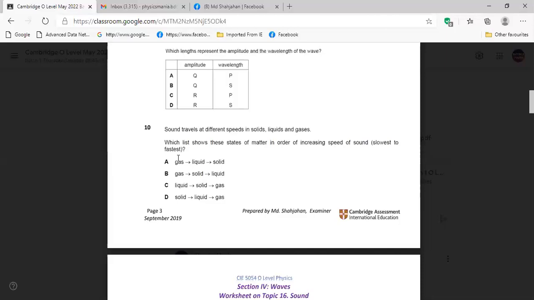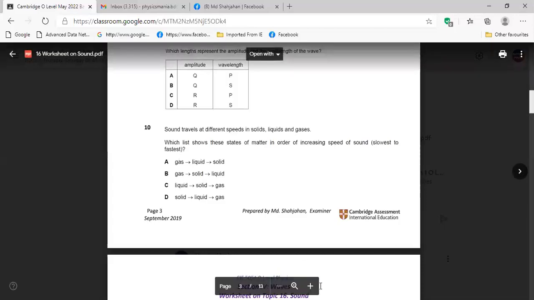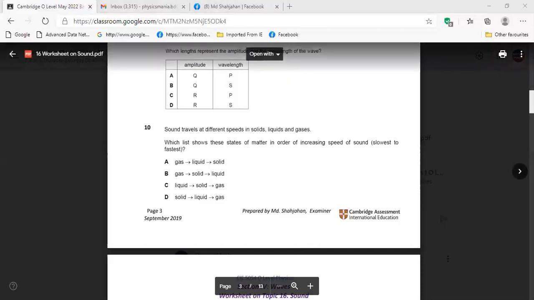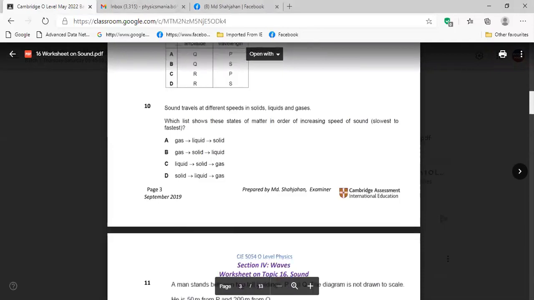Then liquid, in water, it's almost 1500 meters per second. In solid, like steel or iron, it's almost 5500 or 6000. Is it clear? So we know these values, Monica, right? You have written all these notes in your copy, right, Monica?